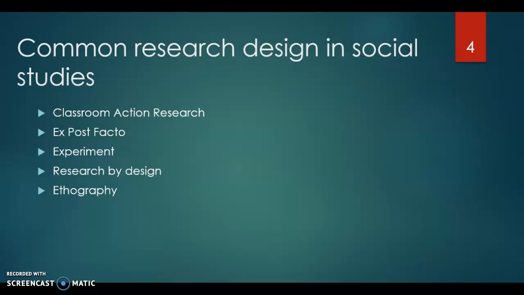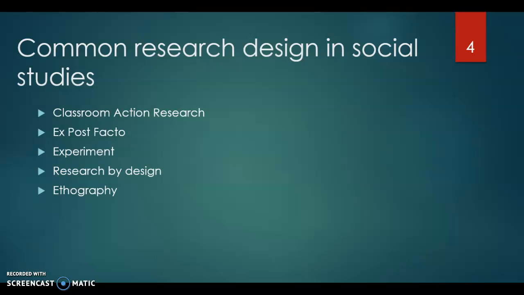Common research in social studies, which in the educational field is considered a social study, includes several types that most people use in educational study. First is classroom action research, ex post facto research, experiment research, research by design, or ethnography research.